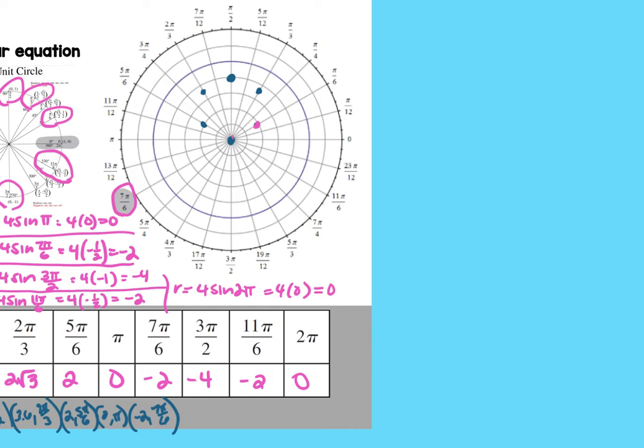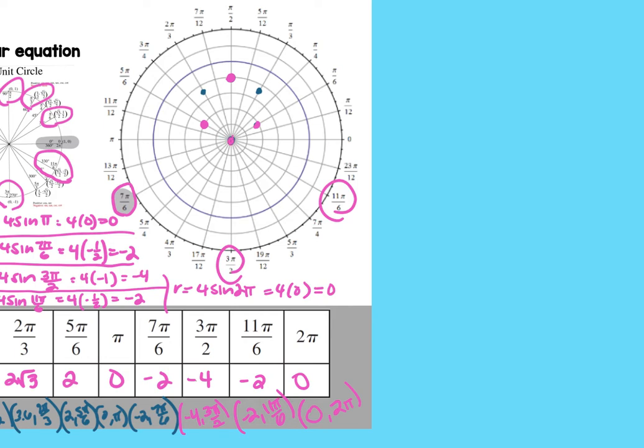The next one is -4 and 3 pi over 2. 3 pi over 2 is at the bottom, but -4 tells you go up to the top. And then -2, 11 pi over 6. 11 pi over 6 is over here, but I'm going negative, so it's a duplicate point that's already there. 0 and 2 pi, anything that's got 0 is at the pole.